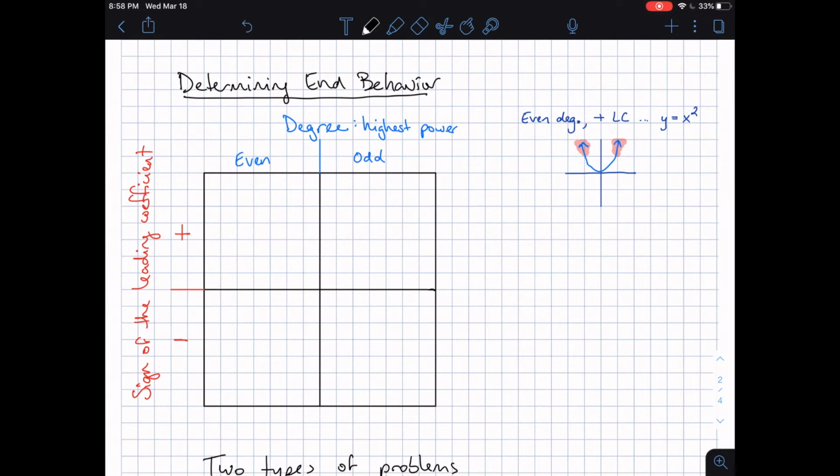So one of the great things about coming up with these small examples is it's really helpful when we think about bigger, more complicated examples. So anytime I see something with an even degree and a positive leading coefficient, I know that it's going to behave like my x squared example over there.